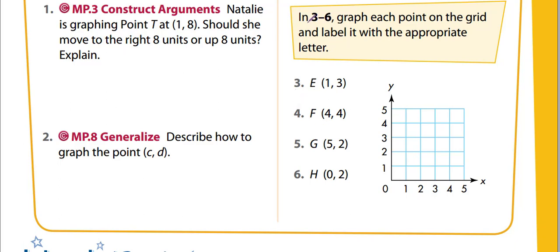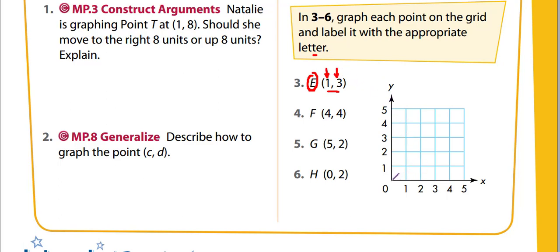He wants you here in 3 to 6 to graph each point on the grid and label it with the appropriate letter. So we want the letter E first, 1 and 3. Like this is the name of the house, and this is how you can go to the house. You have to go 1 block to the right and upstairs 3 levels up.